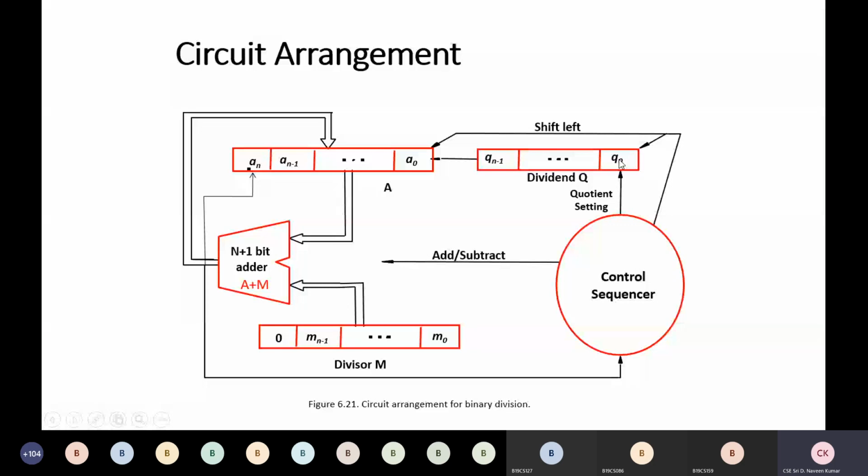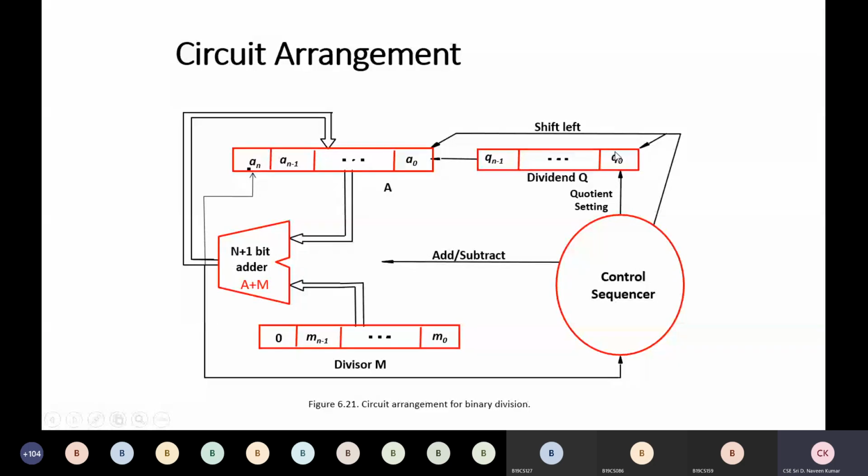So if the MSB bit is 0, this means it is a positive number, the remainder is positive here. It means the division is successful. It means Q0, the quotient, will be 1, divided at least 1 time.